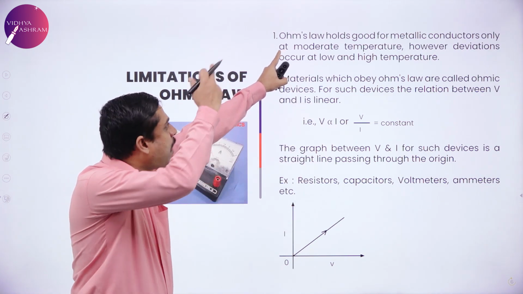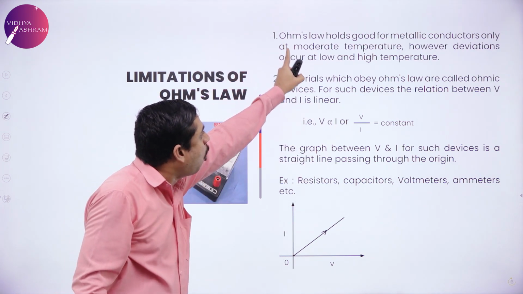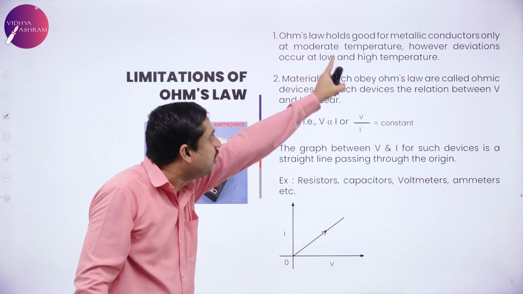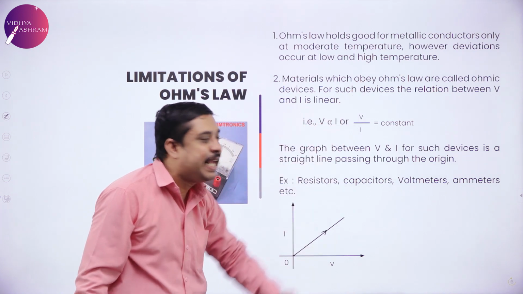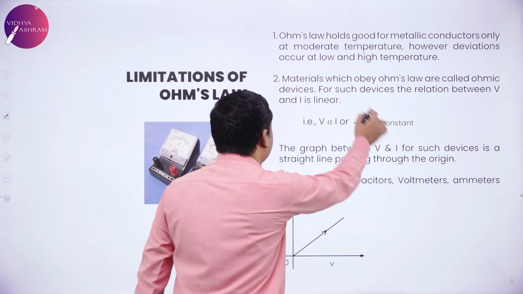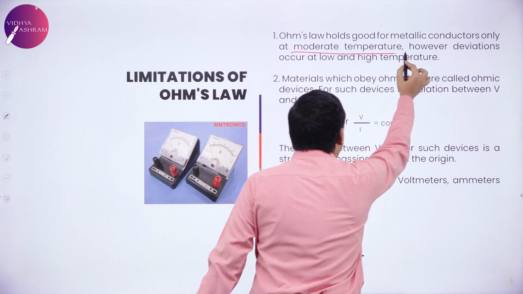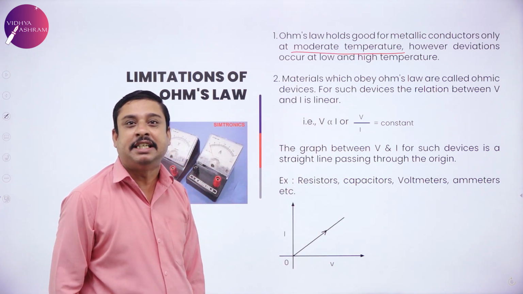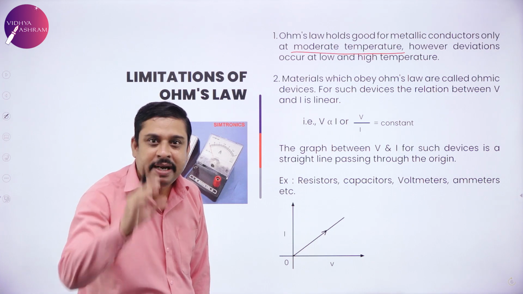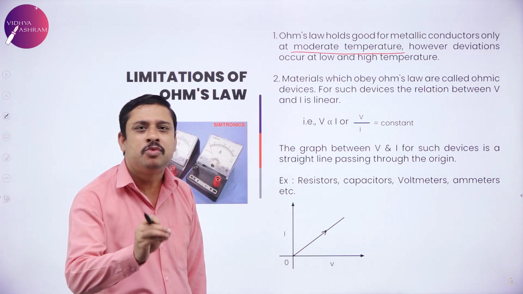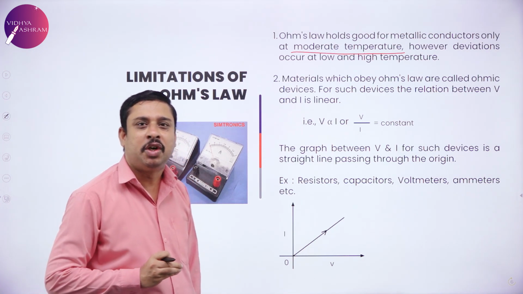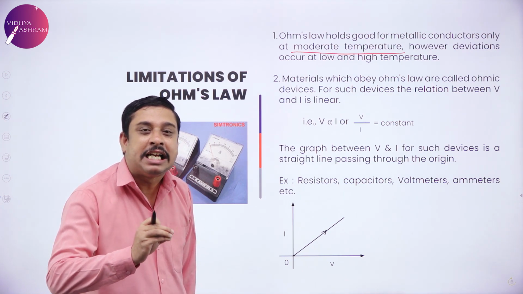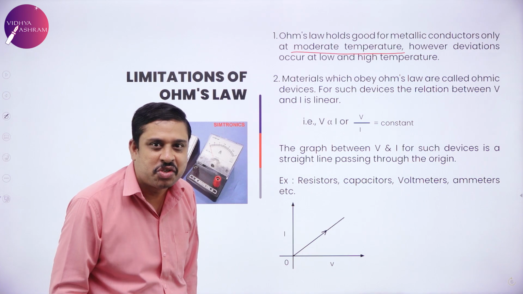The first, please highlight, Ohm's law holds good for metallic conductors only at moderate temperatures. That is what the statement said. Ohm's law holds good if temperature does not change.